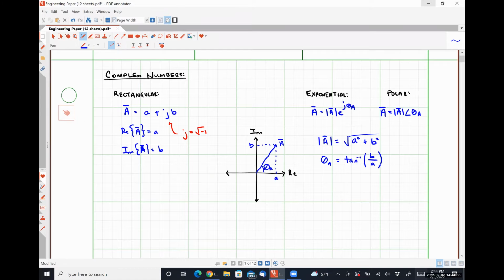If we wanted to go the other way around, we could see that lowercase a is simply the magnitude of complex number A times the cosine of theta A, and the imaginary part b is simply the magnitude of the complex number A times the sine.